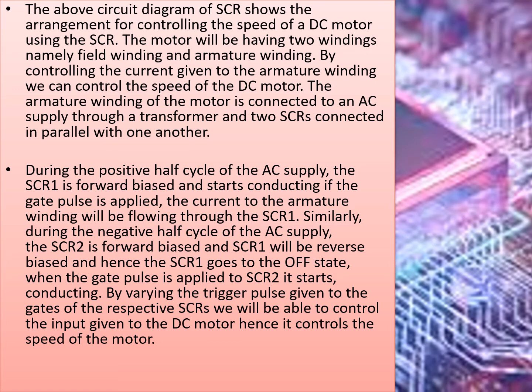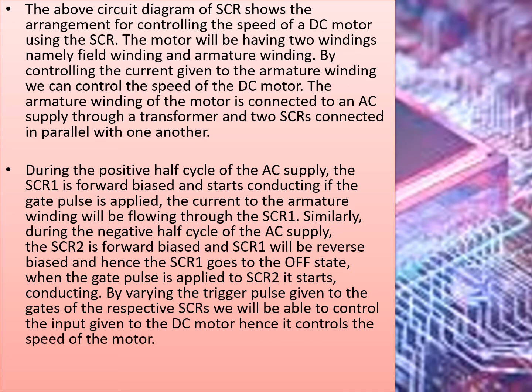The armature winding is connected to an AC supply through a transformer and two SCRs connected in parallel with one another. During the positive half cycle of the AC supply, SCR1 is forward biased and starts conducting if the gate pulse is applied. The current to the armature winding will then flow through SCR1.